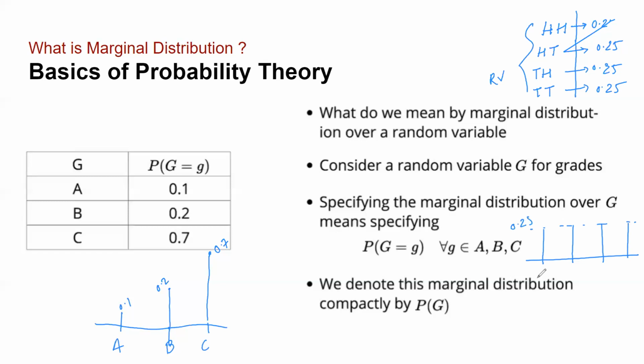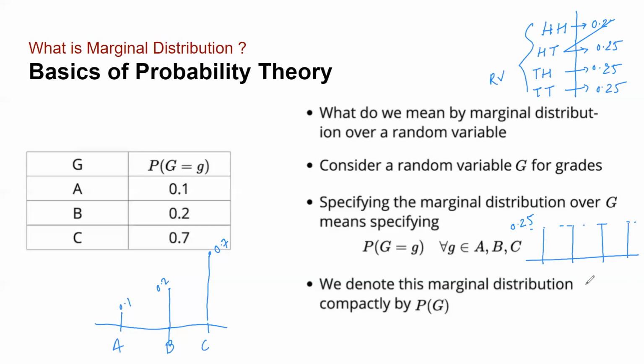This is called uniform probability distribution, because the probability of each of my random variables is always the same. Every random variable has the same probability value.